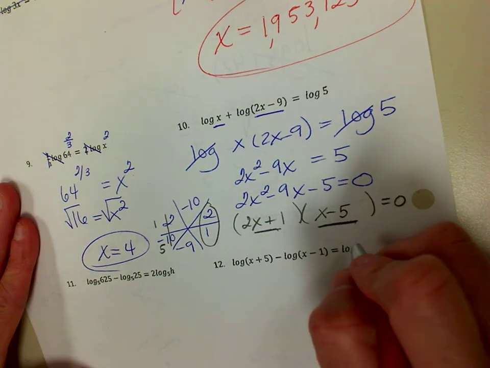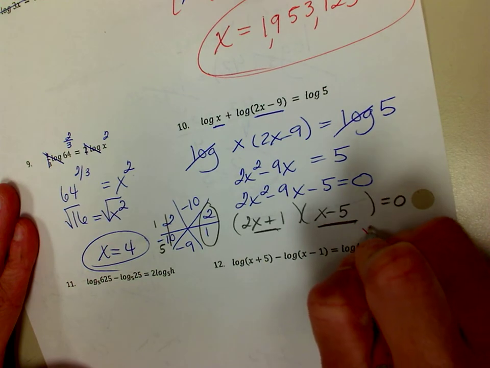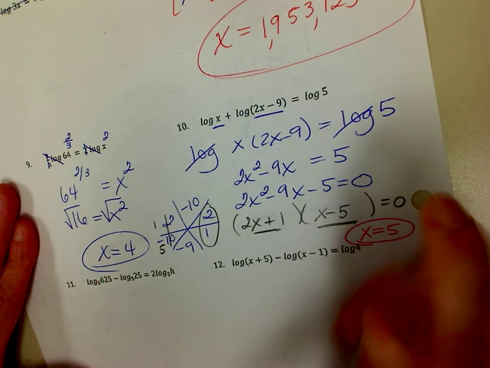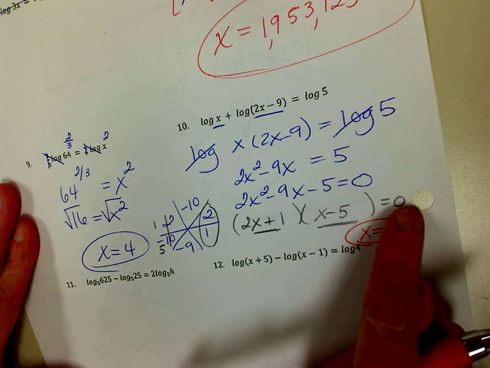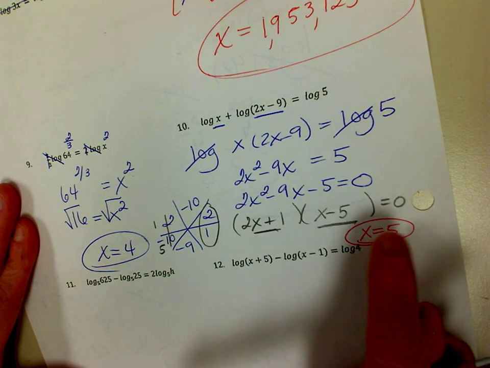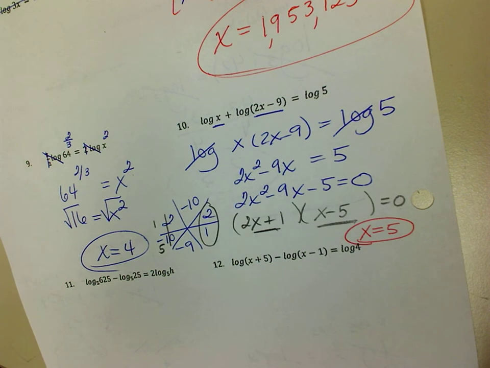This one's going to give me 5. This one's going to give me, let's see, if I subtract 1 from 0, I get negative 1 divided by 2, that's negative 1/2. But since it's a negative, I cannot use that one because I only want answers that are greater than 0.